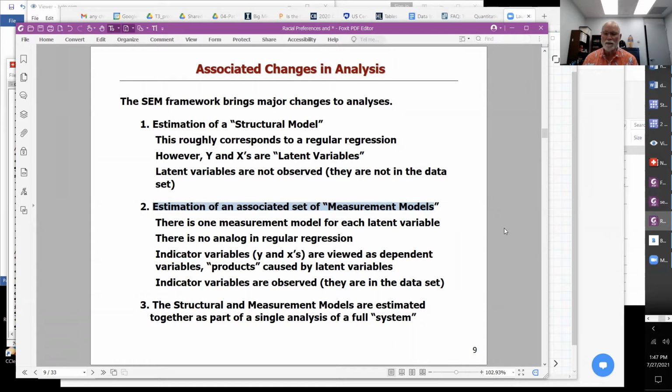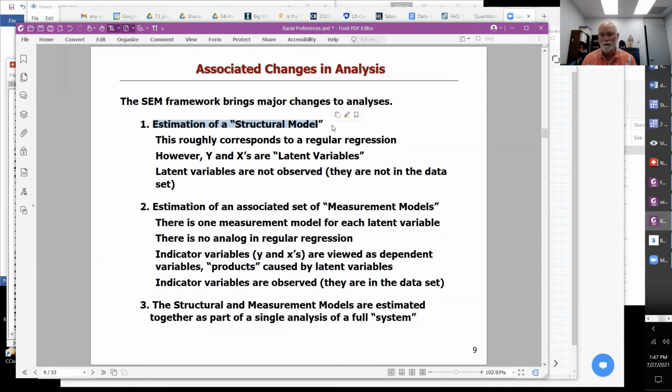If we're successful with our measurement model, then our structural model will be estimating relationships between latent variables. And that will be, quote, the true score relationship, the relationship that occurs if you had the true values of the concepts you're trying to measure.